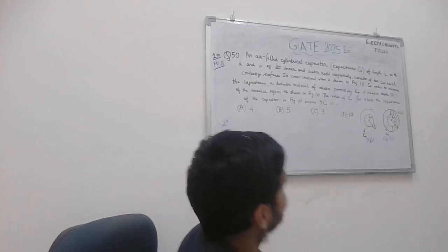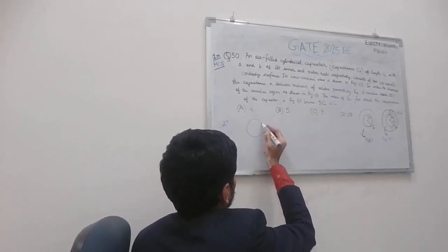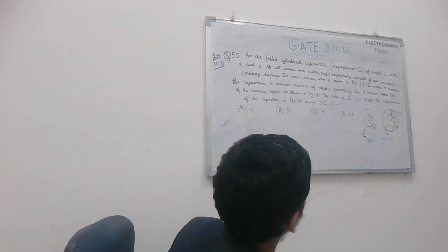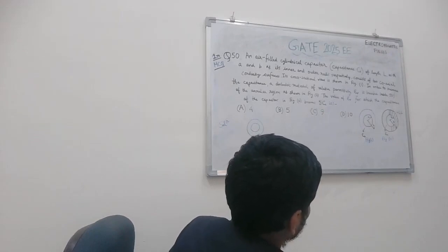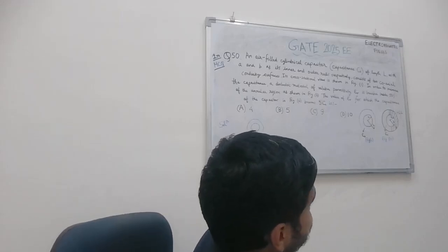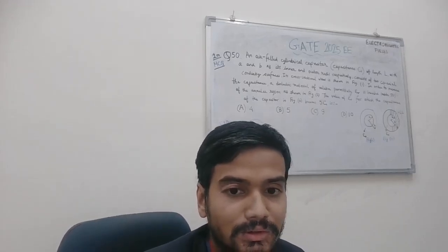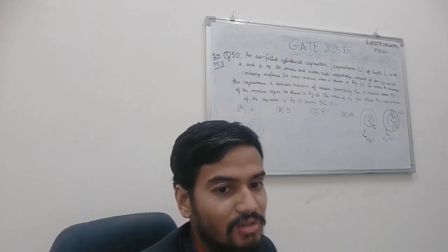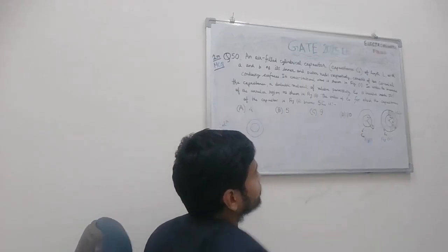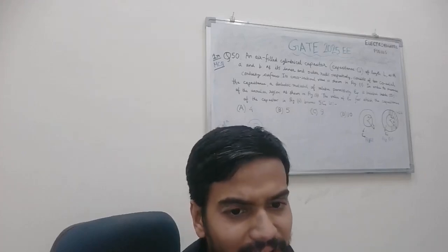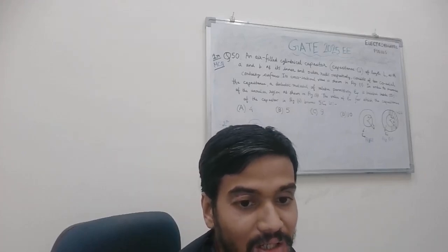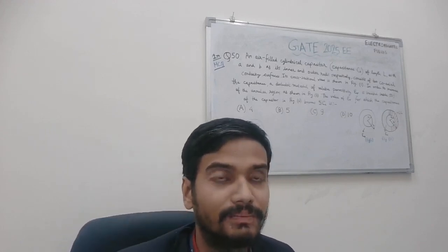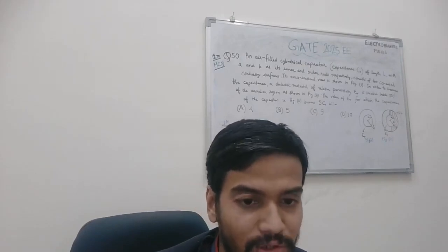So in the first case, the capacitance is given by, as we all know, a function of the area. For parallel plate capacitors it is a function of epsilon A by D, but in cylindrical capacitors it is directly proportional to the area, right?